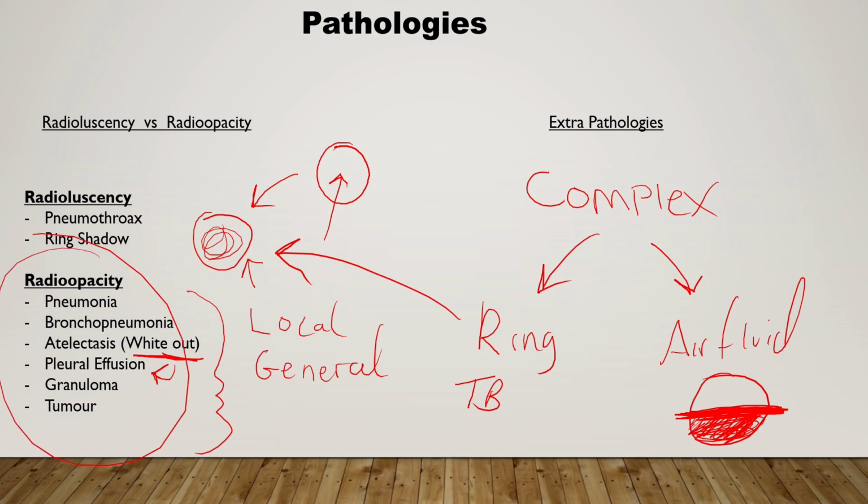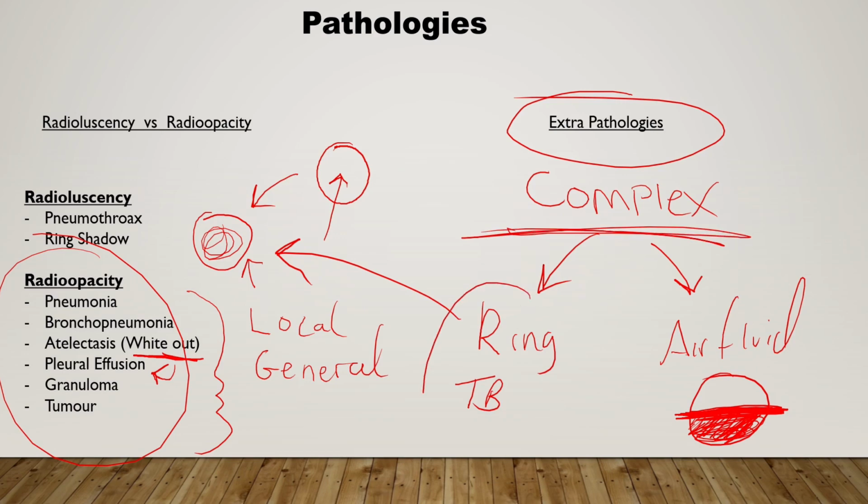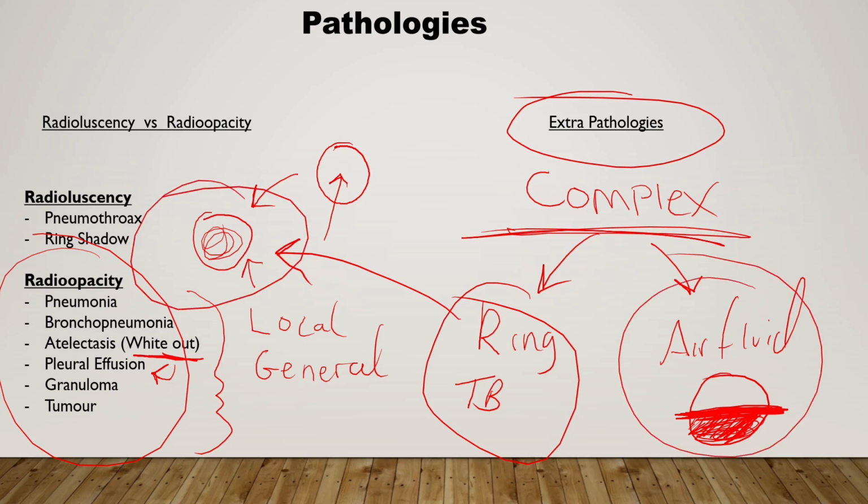Opacity, you have all these other opacities you can learn, all right? They can be focal, they can be general, unilateral, bilateral. Also, one thing I want to mention is extra pathologies, complex shadows. You can have ring shadows or air fluid shadows, ring shadows I've just mentioned here.